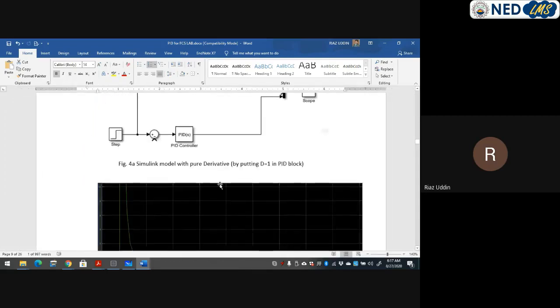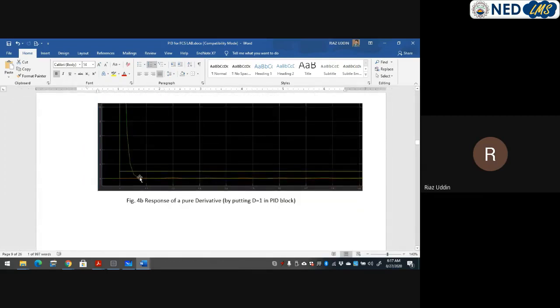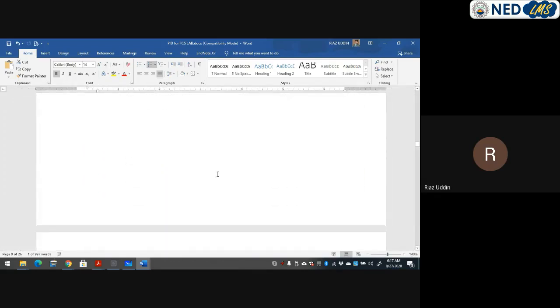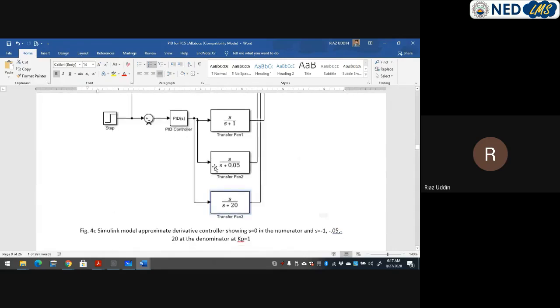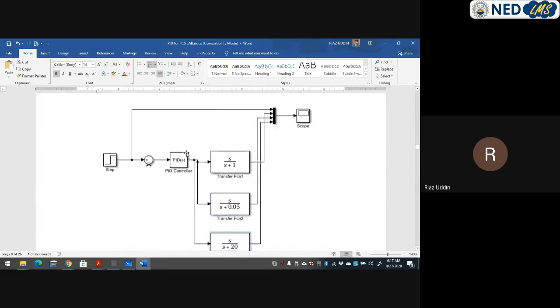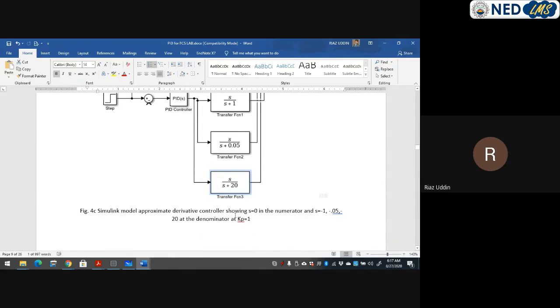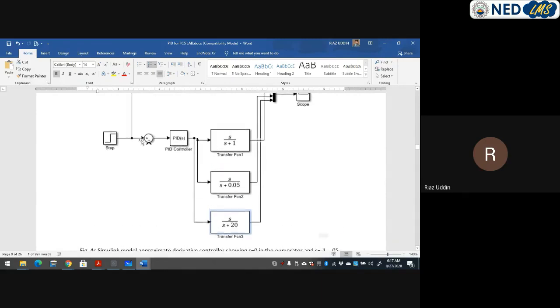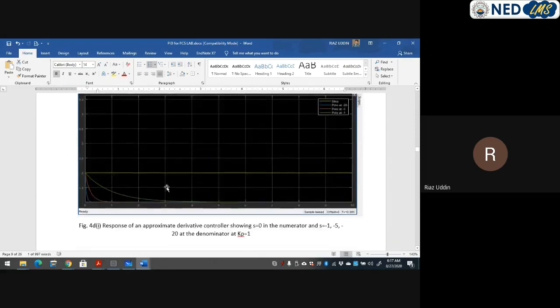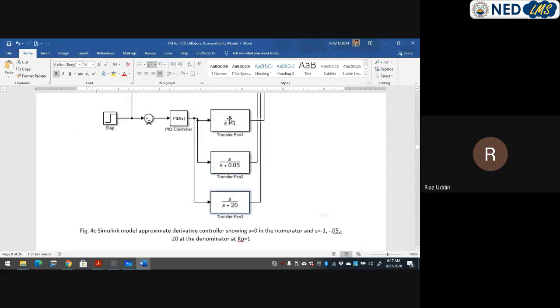Okay, so now let's go to another response. You can see another response with d equal to 1 and d equal to 10 making some difference. Here we are using kp equal to 1, a unity, and we are having some different response, so let's see what happens. We are using a differential operator with s plus 1.